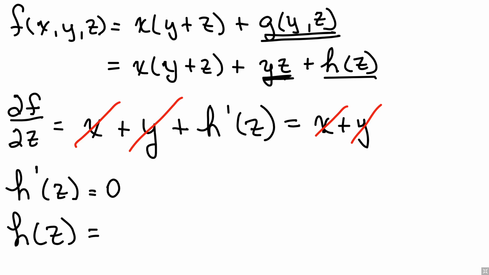If we integrate, we're going to have that h of z is equal to some constant. We know that the antiderivative of 0 is 0, but you always have to remember, since it's an indefinite integral, you're going to have a constant of integration, which is the c. Any questions?